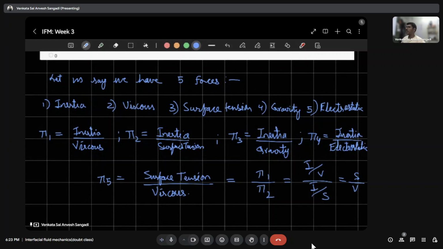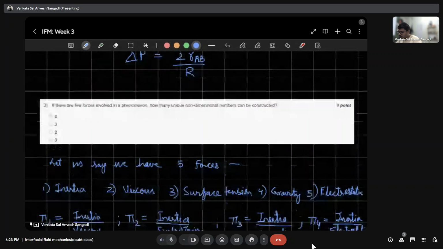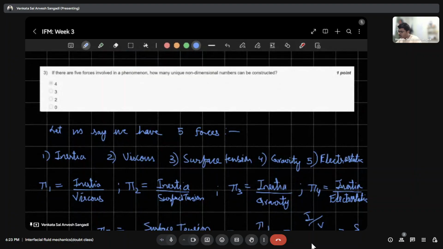So if we have five forces involved, trivially we will have only four non-dimensional groups, and the rest can be manipulated to get the others. So there are only four unique non-dimensional numbers for a set of five forces acting. The answer is A.